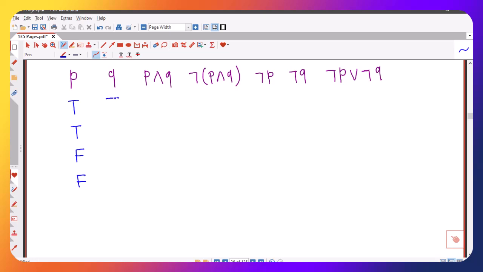For Q we write true, false, true, false.